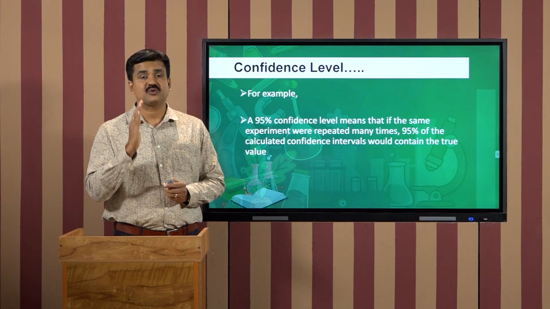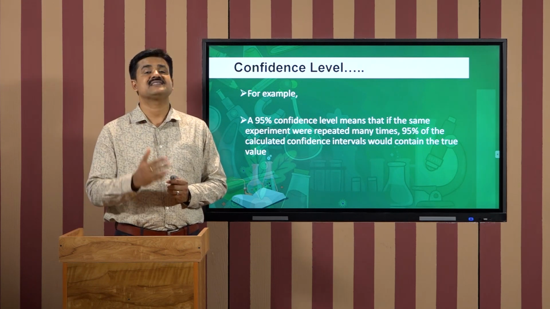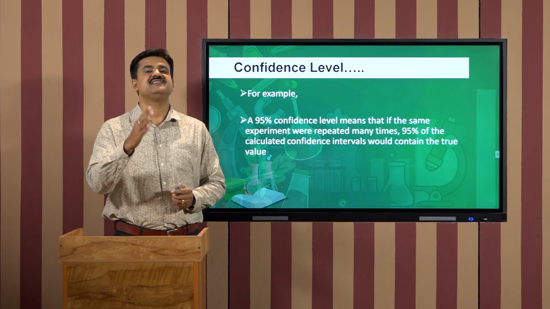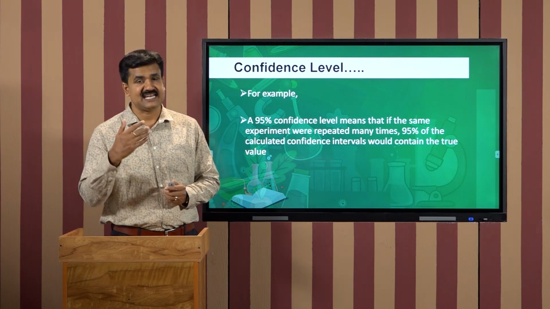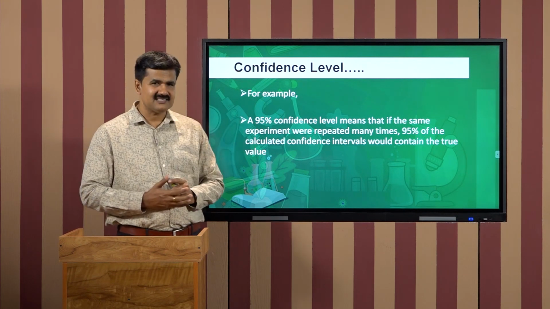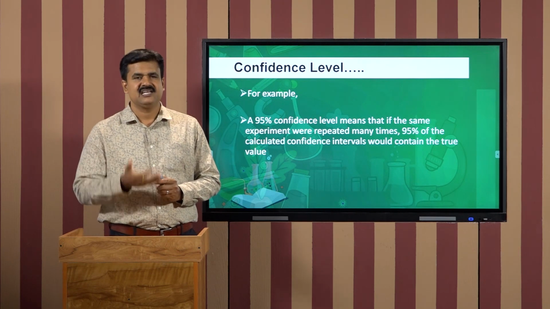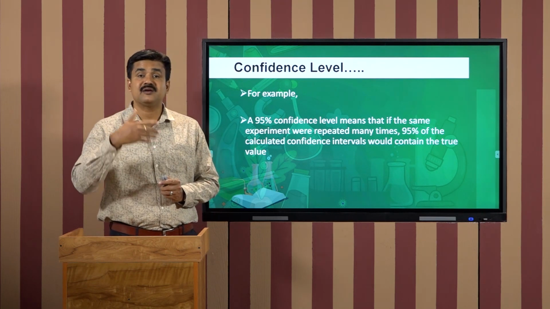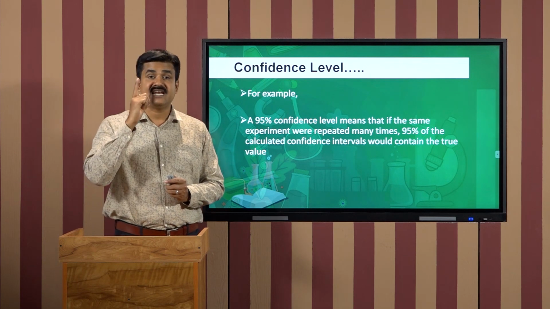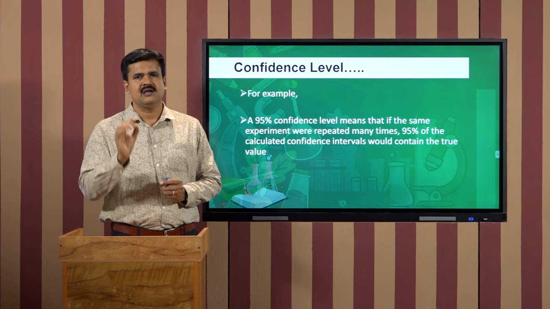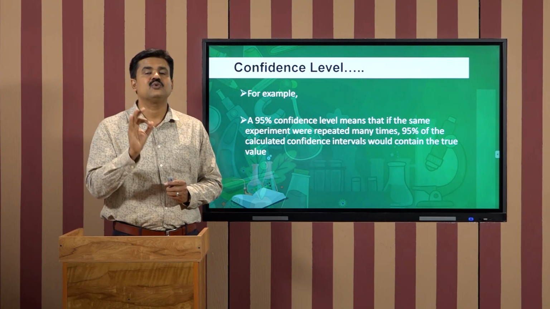This is the most crucial information associated with the 95% confidence level. If I change this confidence level to 99, I can read it like this: a 99% confidence level means that if the same experiment were repeated many times, 99% of the calculated confidence intervals would contain the true value.